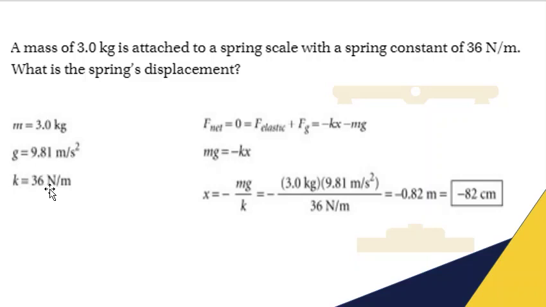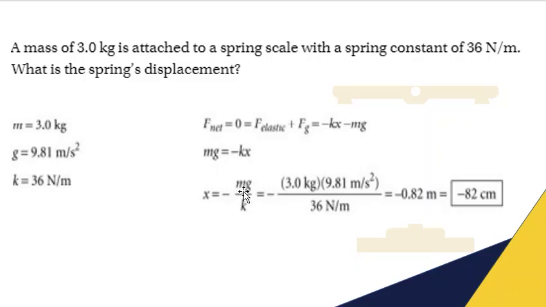To find the displacement, we knew before that F, which is equal to mg, must be equal to -kx. It's Hooke's law. So again, F, which is equal to the weight, m times g, equals -k times x. To find x, it's equal to m times g divided by -k.